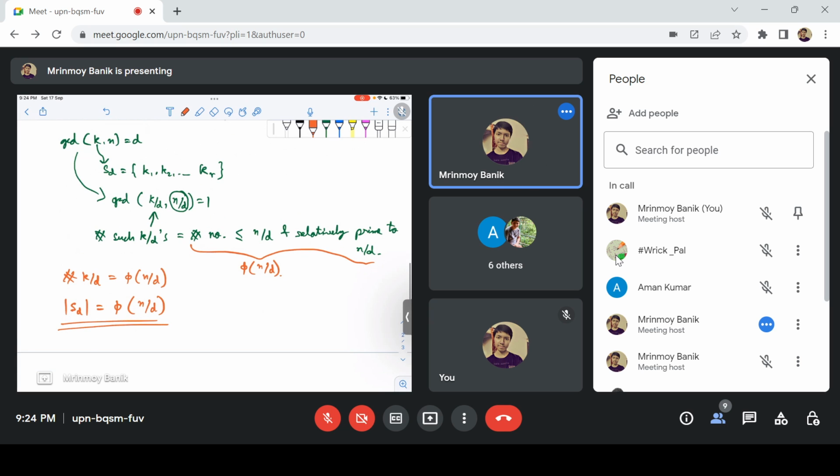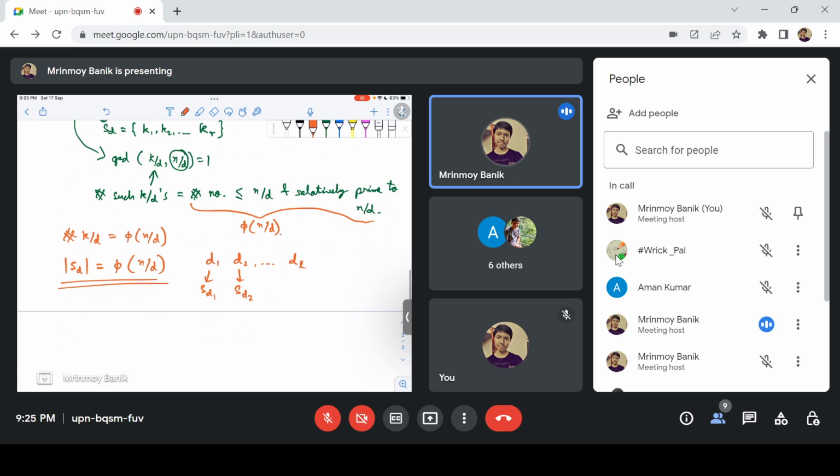Now this d is just one of the many divisors of n. There are others, d1, d2, up to say d_l. Let's look at the two sets S_d1 and S_d2. Do they have anything in common? Suppose there is an element x contained in both of them. Then what does that imply?